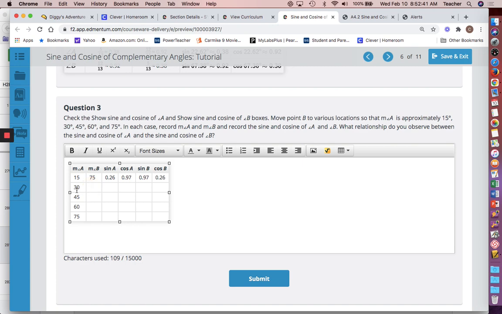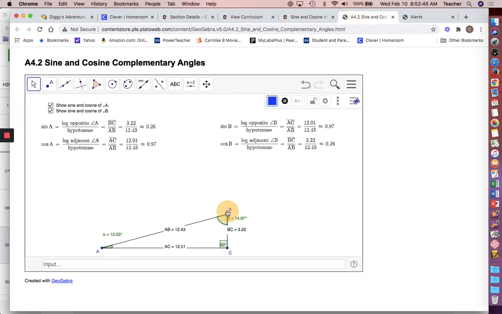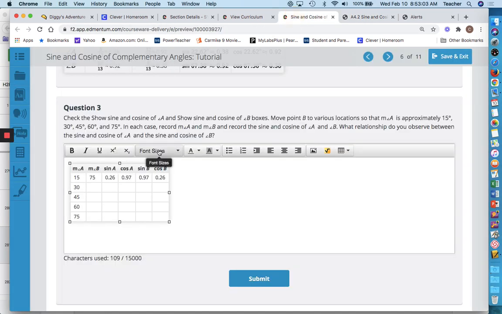All right, now I'm going to change angle A until it's 30 degrees, or as close to 30 as I can get. Oh, yeah, 30.04. I'll take that, pretty darn close. First I've got to find angle B, which is roughly 60 degrees, because 30 plus 60 is 90.